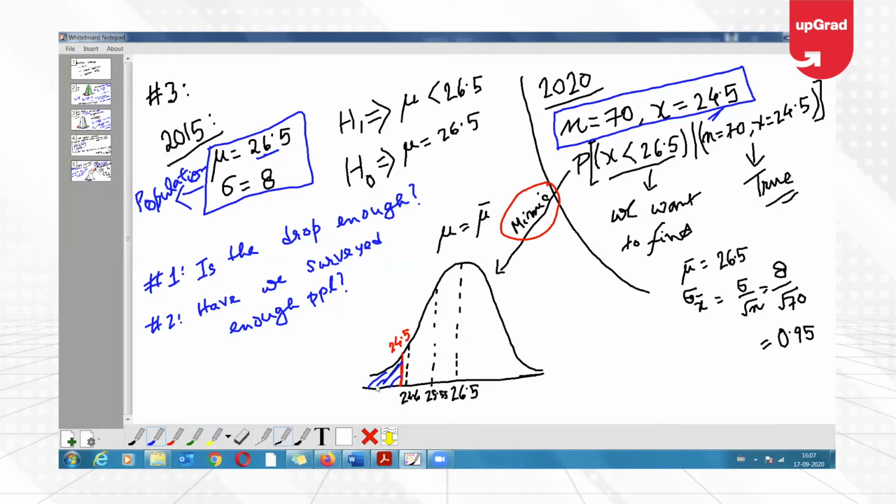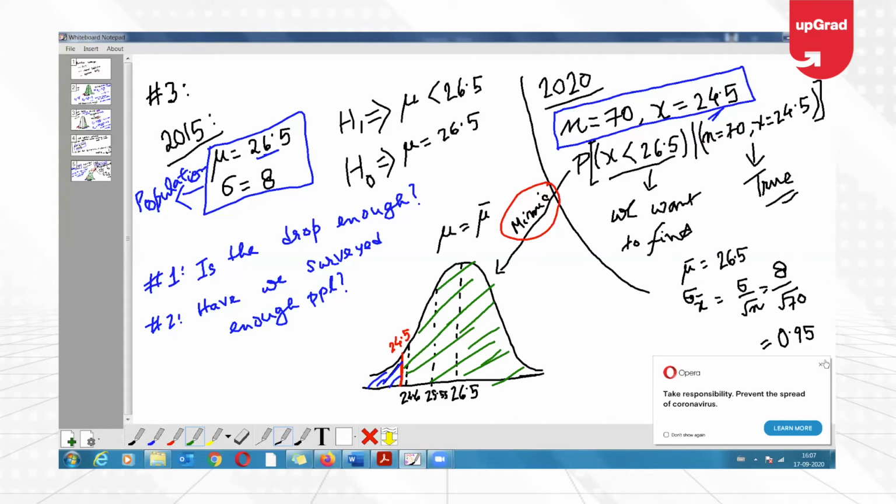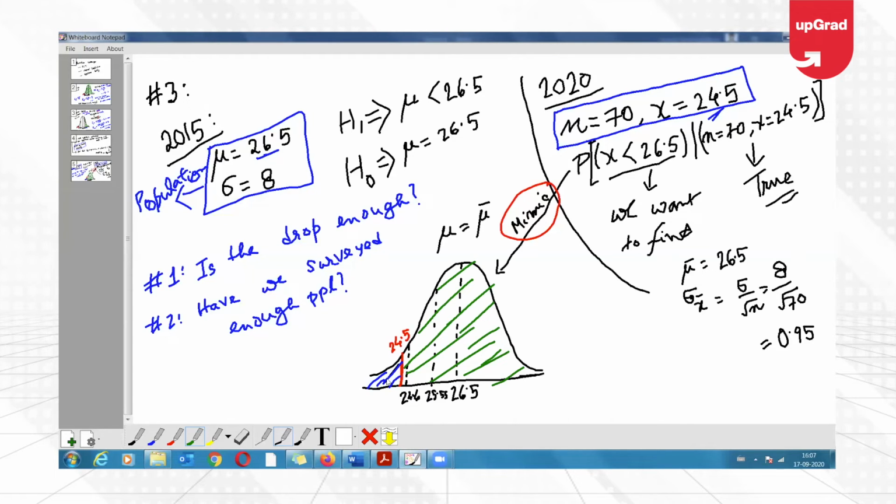The region in green has both 26.5 and 24.5, right? However, the region shaded in blue does not have 24.5 and 26.5. So this portion is called the rejection region.